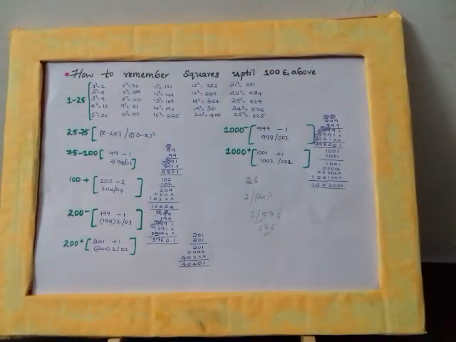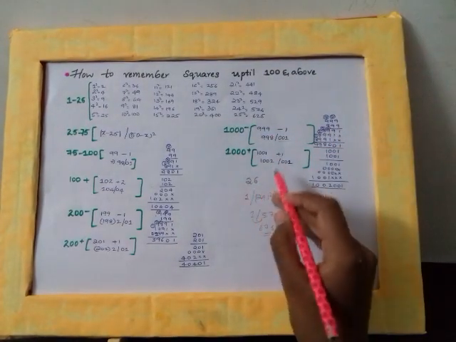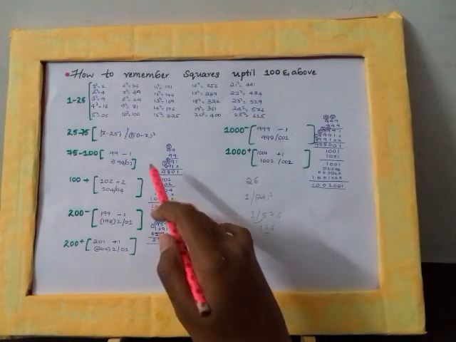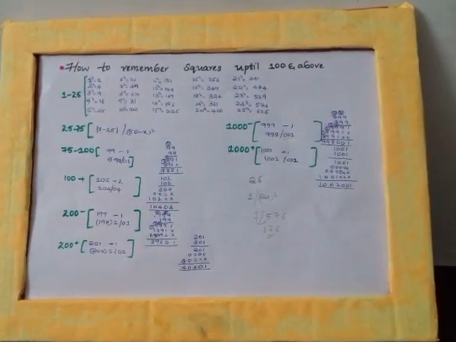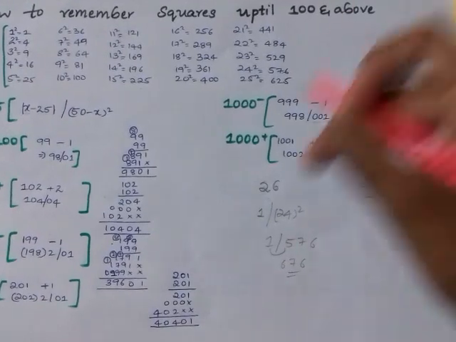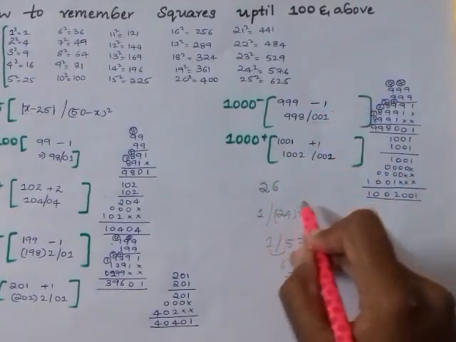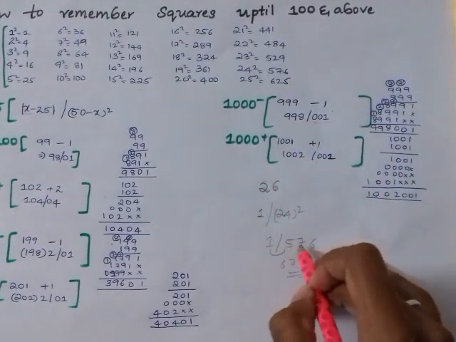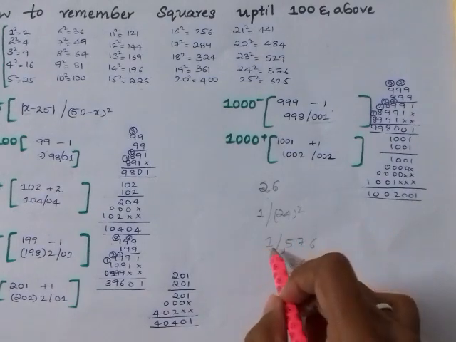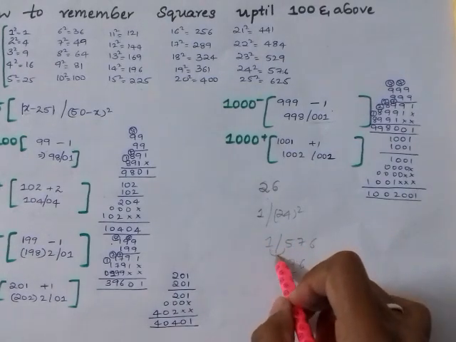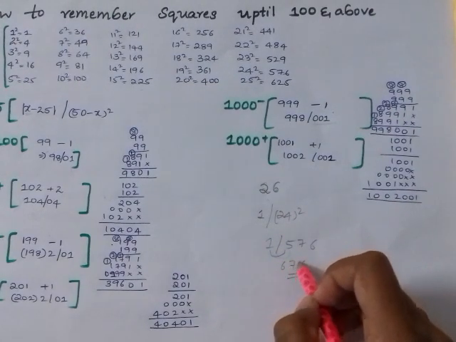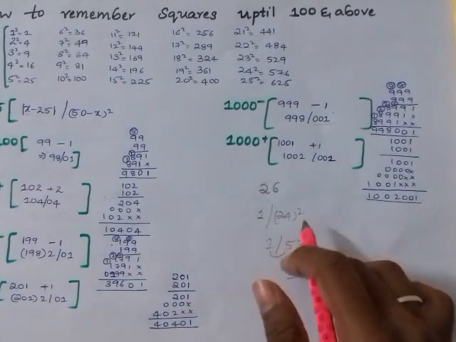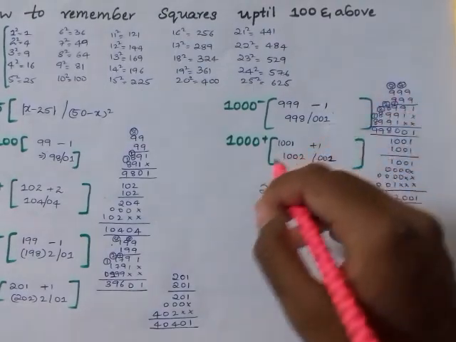If we go with the number 26, 26 minus 25 is 1, slash 50 minus 26 is 24, 24 squared is 576, so 1 slash 576. The two numbers around the slash should be added. This results in 676, which is 26 squared.